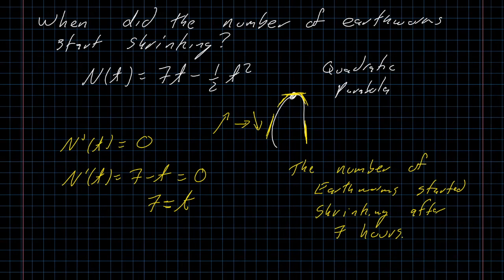Again, I remember from the statement of the problem that t is measured in hours. So if the value of t is 7, that means that it was 7 hours.